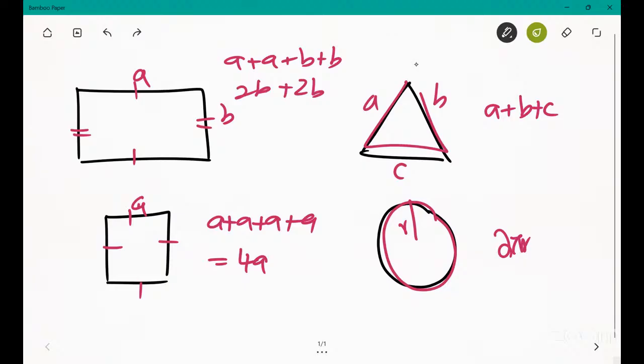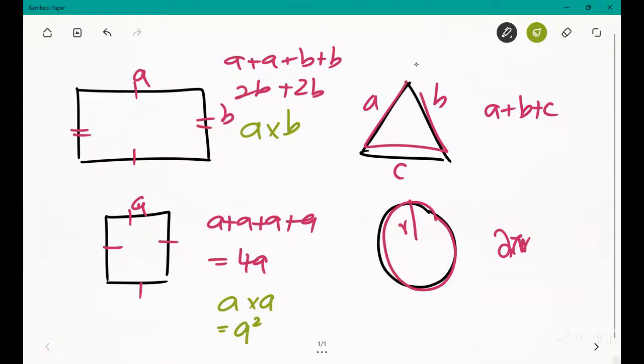We're going to find area. So area for a rectangle, you multiply the length by the width. That's going to be A into B. Same thing for a square, you multiply two lengths by each other. Here all the lengths are equal, that means it's going to be A into A. You can write it as A squared.